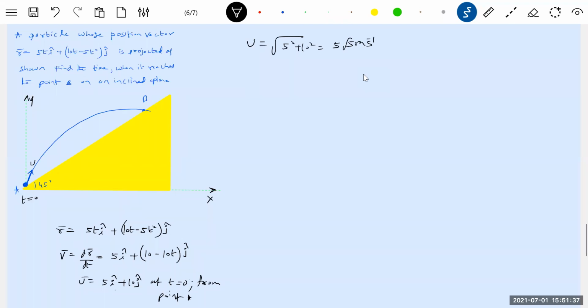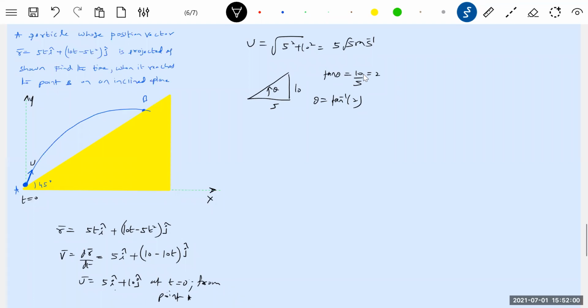Then what about the angle? We need that angle also. So it will make an angle theta. This side will be 10 and this side 5, this will be theta. Tan inverse of 2. Theta minus alpha.